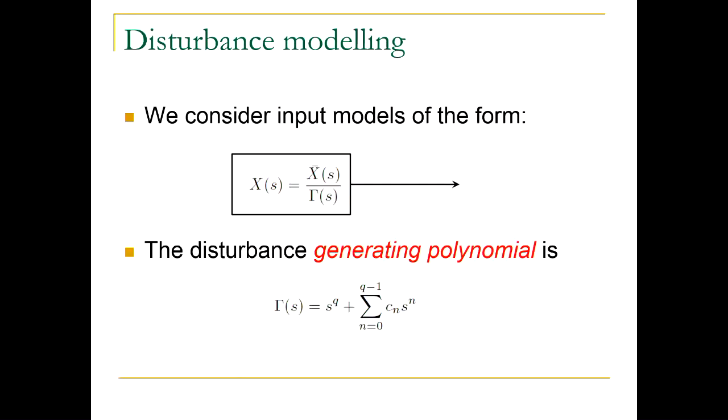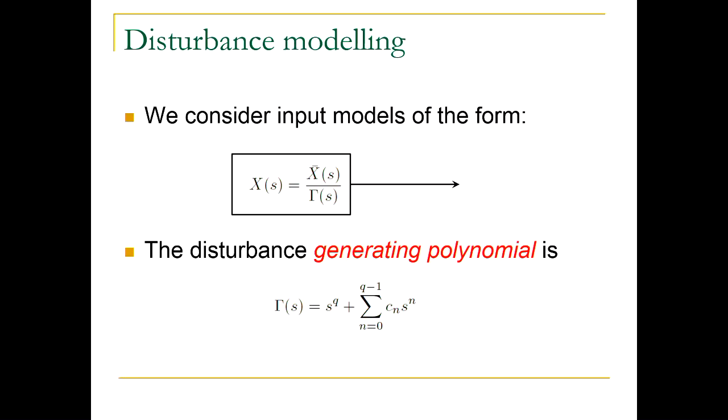All right. So we can now sum up what we know about disturbance modeling. We can generalize all these examples that we've seen. In particular, we will consider input models of the form of a transfer function where gamma is called the generating polynomial. It's the denominator of this transfer function generating the disturbances, and it is a polynomial with real coefficients.